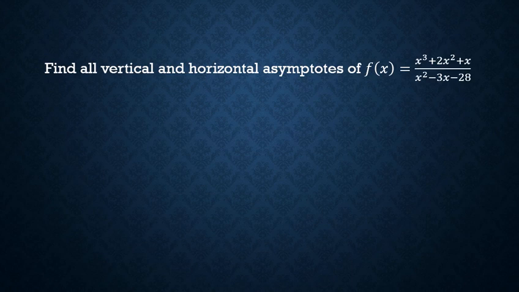Now, before we go into this question here, always find horizontal asymptotes, or asymptote, I should say, because there's only going to be one. Find the horizontal asymptote first.